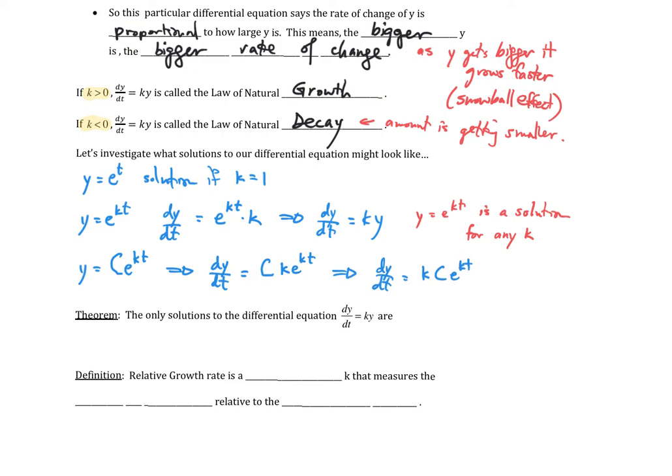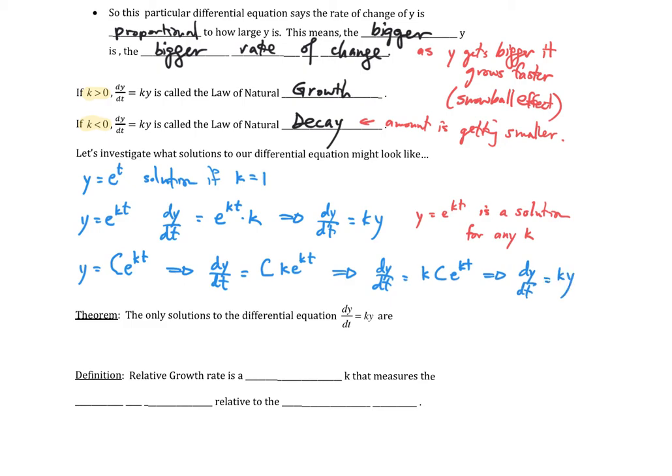But remember, this whole thing right here was originally our y. So really this becomes dy dt is equal to k times y.